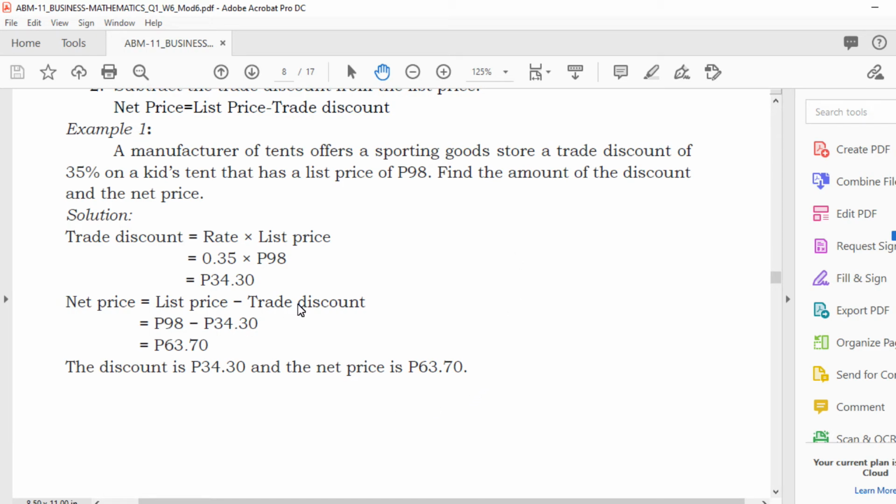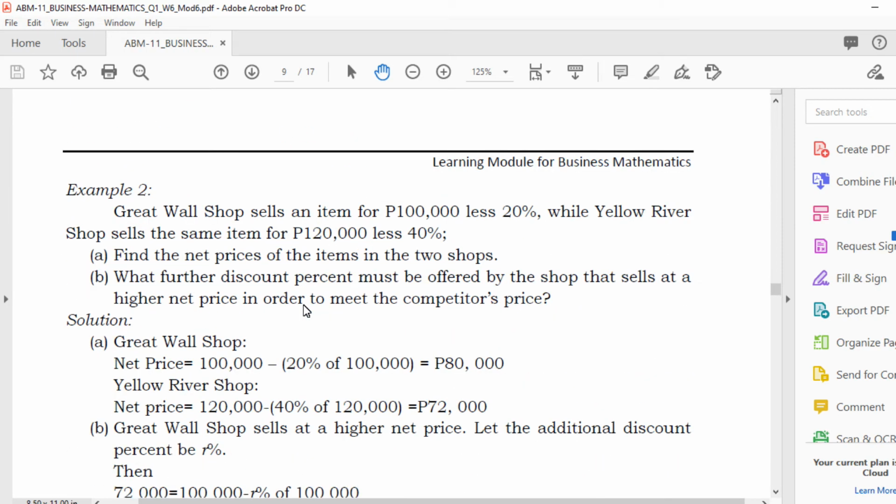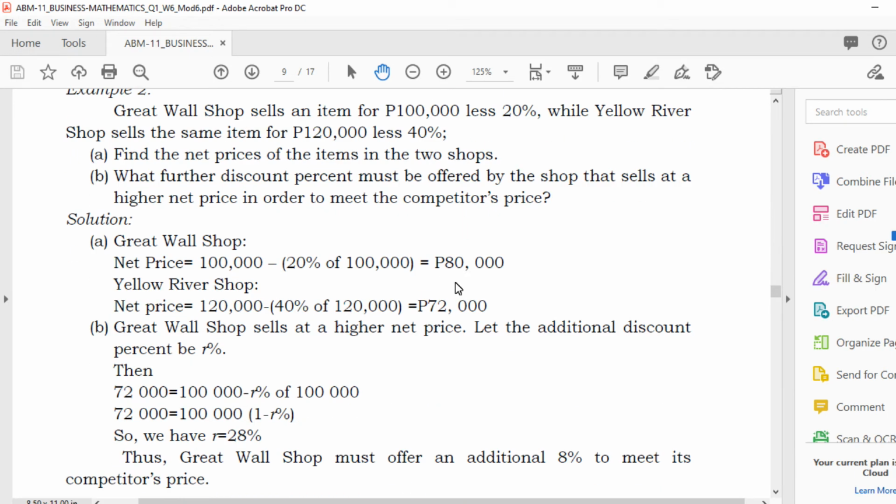So, yun yung answer. So, another example naman, kung percentage naman na pinag-uusapan. Great Wall Shop sells an item for 100,000 less 20%, while Yellow River Shop sells the same item for 120,000 less 40%. So, ito naman, kino-compare niya yung dalawang shop. Yung isa, nagbigay ng mababang price, 100,000, but ang less niya ay 20%.